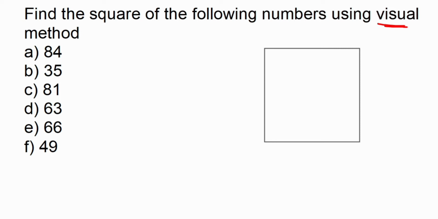So I'm going to take the example of 84. This method will remain the same for any number you take. Here we have to draw a square, and I'm going to divide the square into 4 parts. Now how am I going to do it? The number is 84, and I'm going to split it like something plus something is 84.